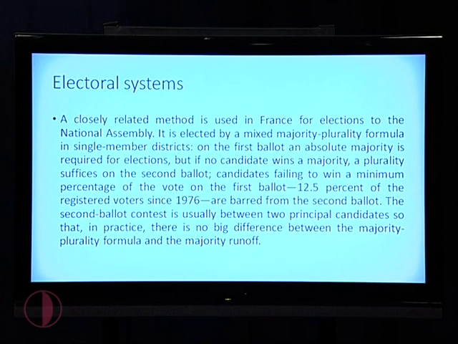Candidates failing to win a minimum of 12.5% of the registered votes on the first ballot since 1976 are barred from the second ballot. The second ballot contest is usually between two principal candidates, so that in practice there is no big difference between the majority-plurality formula and the majority runoff.